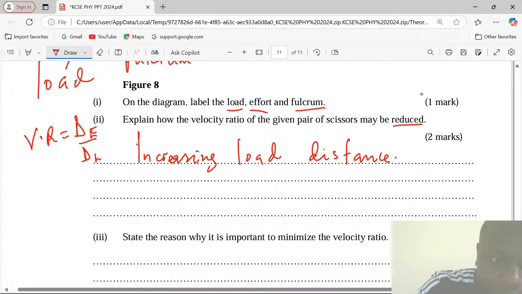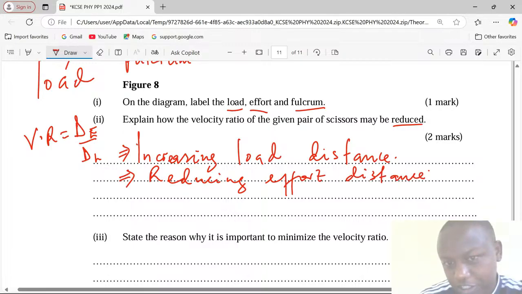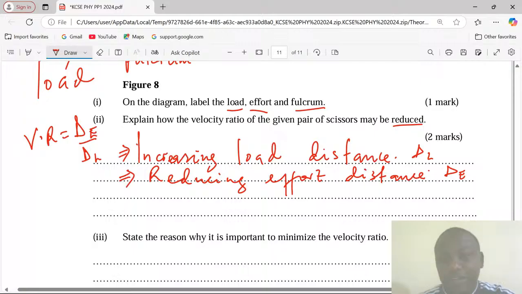Again, according to this relation here, we can do so by reducing effort distance, because effort distance is directly proportional to the velocity ratio.